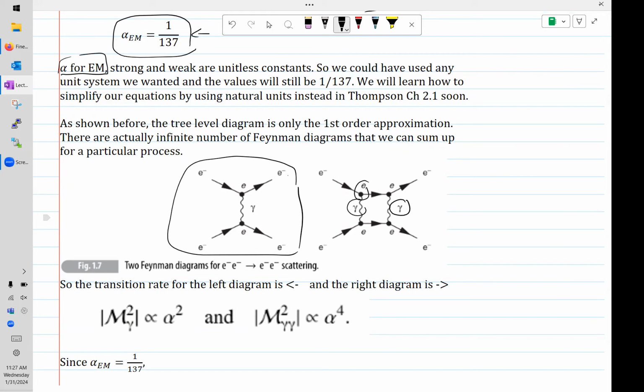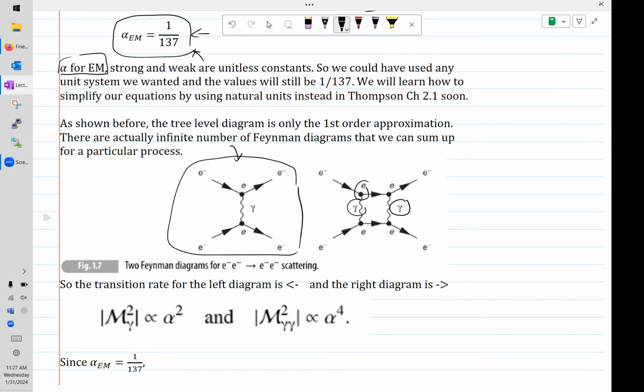Essentially, you can have them exchange 3, 4, 5, an infinite number of photons. I think this coupling constant being less than 1 allows us to do calculations with fairly good certainty by just dealing with the tree level diagram.